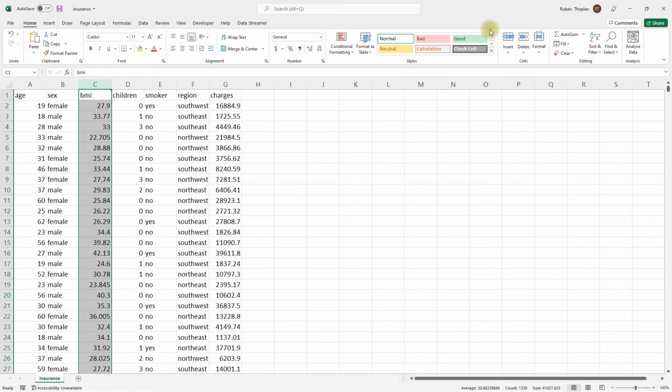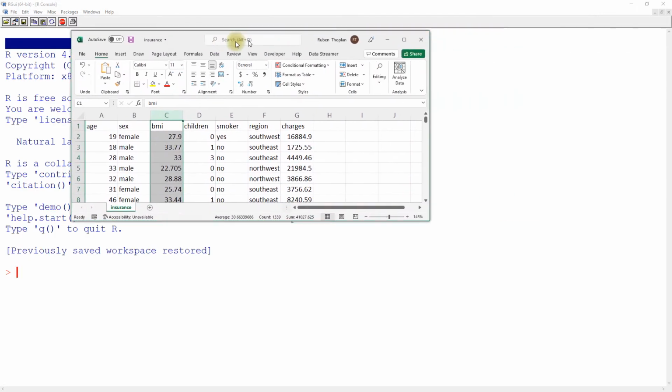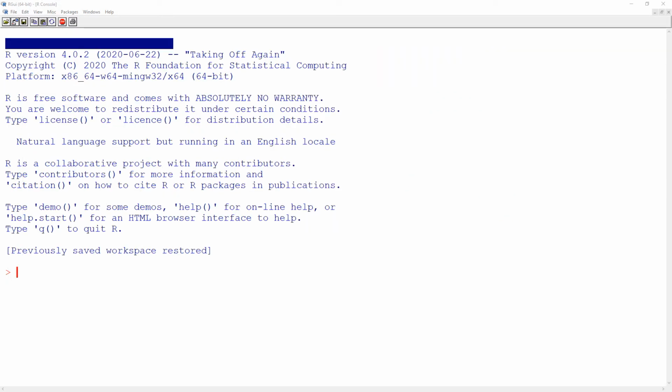We're going to have a look at that through the QQ plot and see how it goes.